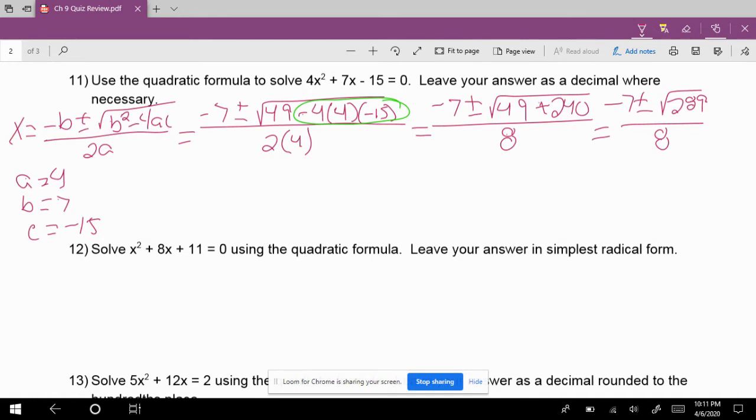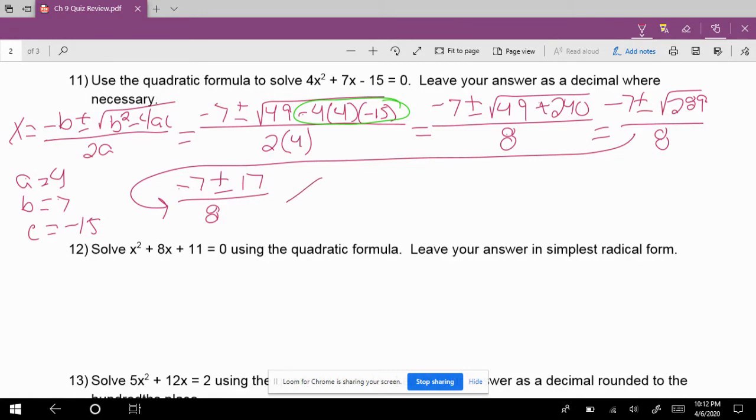So I took my calculator and typed in square root of 289, and sure enough, it's a perfect square. It's 17. So that means we get negative 7 plus or minus 17 over 8. There's no longer a radical on the 17 because the square root of 289 is 17.